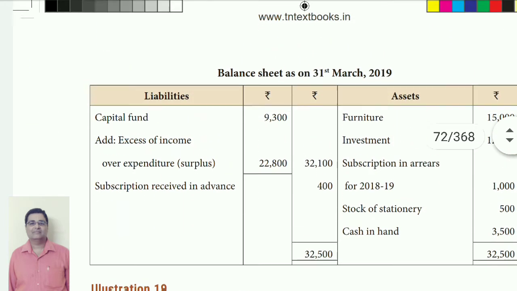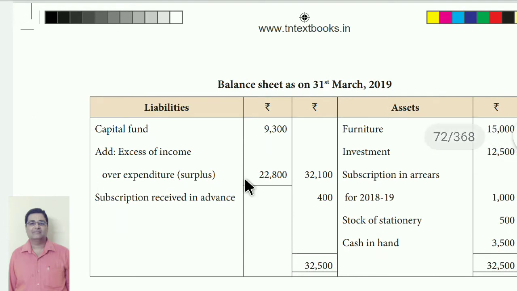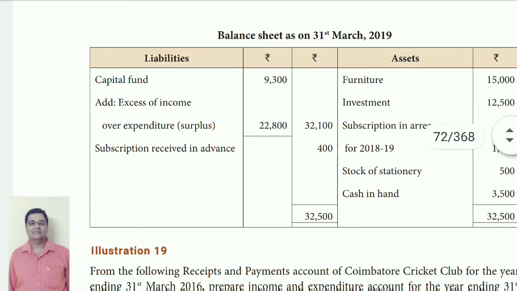Now see the balance sheet. Capital fund 9,300, which is given in the question. Add the surplus we just found out. Add both, you will get 32,100. Leave one line here so it will be clear.